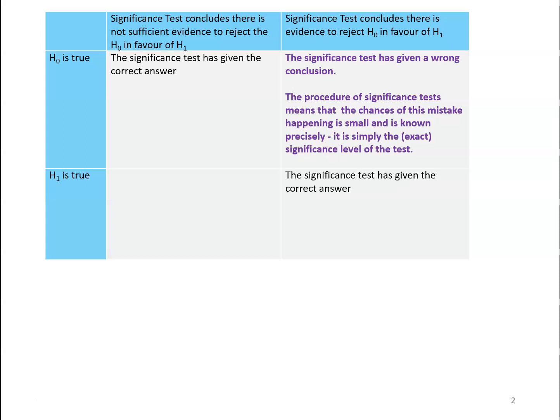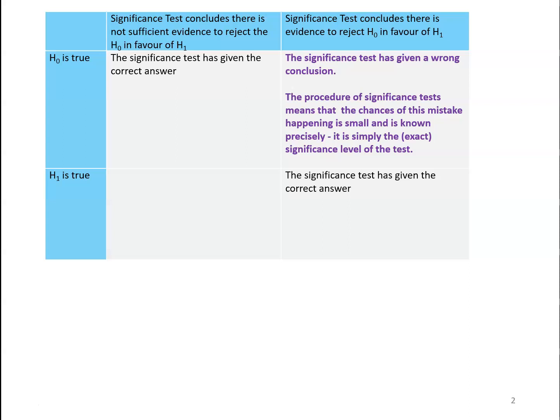So the significance test has given us the wrong conclusion. And the procedure involved with the significance test means that the chances of making this mistake are small and in fact are the significance level of the test.